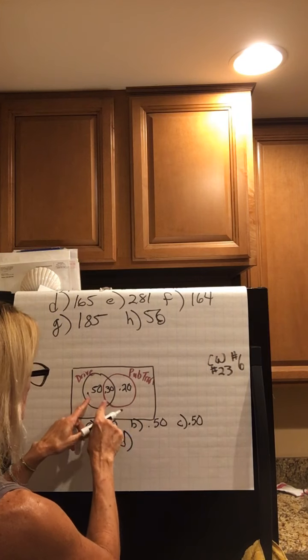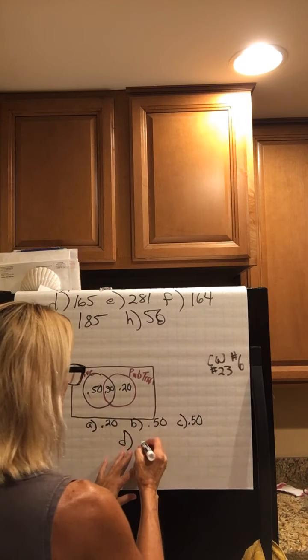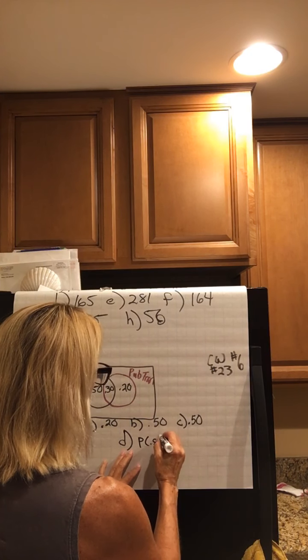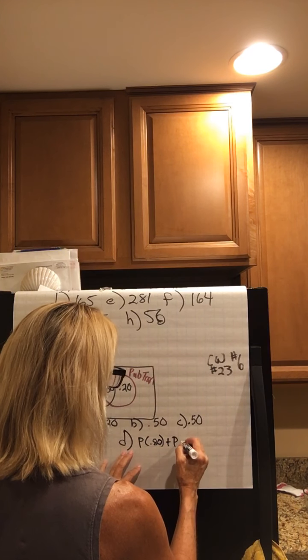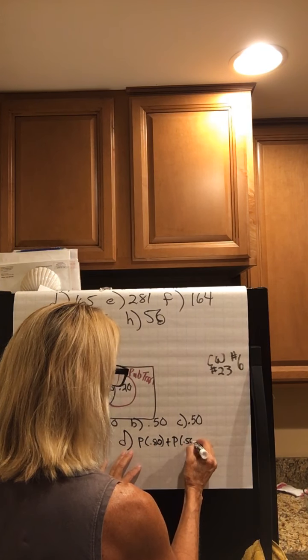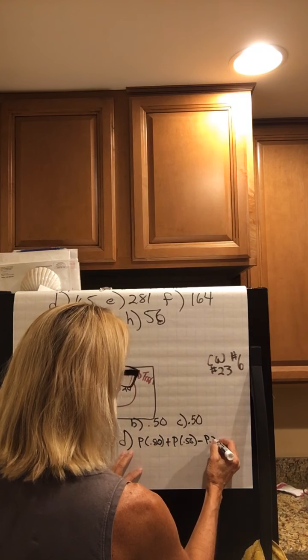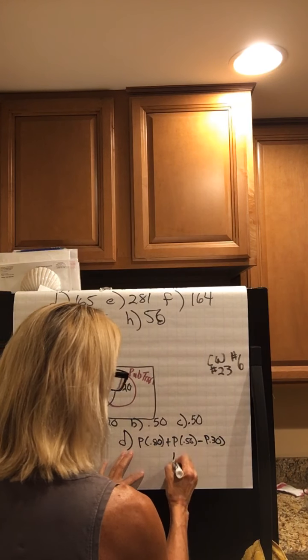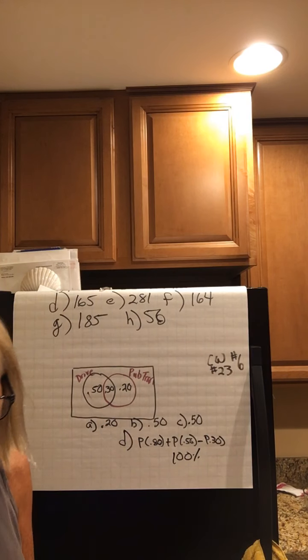So if you used the addition rule, the probability of drive, which is 80, plus the probability of public transportation, which is 50, subtract the intersection, which was 30, so that's 130 minus 30, you get 100%, which is the correct answer, or 1.